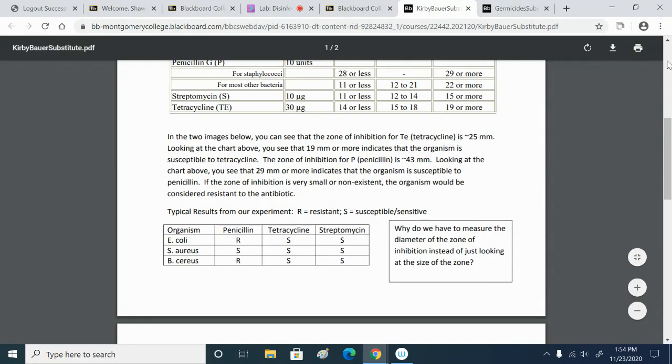With Staph aureus, it's sensitive to all three of those antibiotics, and that's a relief, right? If we had Staph aureus that was resistant to all three of those antibiotics, what kind of staph would we most likely have? What kind of staph is very resistant?